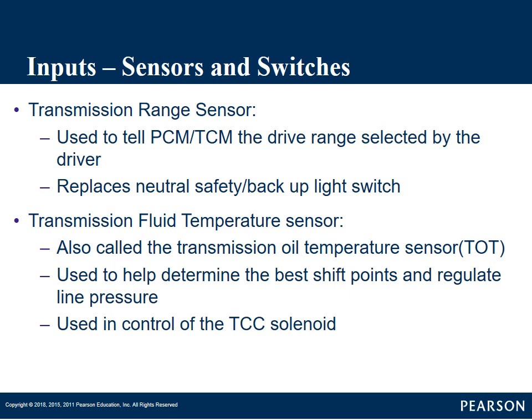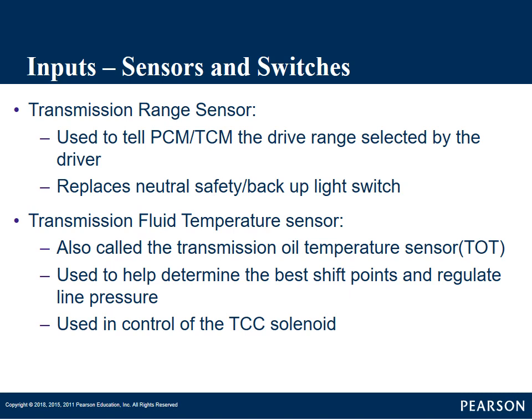If the temperature gets too hot, first of all, on many transmissions, the transmission temperature has to be a certain temperature before it'll even engage the torque converter clutch solenoid. Okay? The idea is if the transmission torque converter is slipping a little bit, it'll get up to temperature faster. Once it gets up to that temperature, then at cruising speed, we can engage that torque converter clutch solenoid.